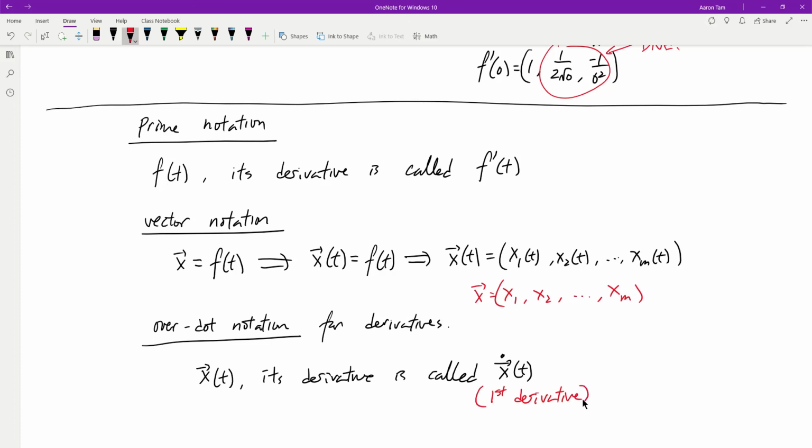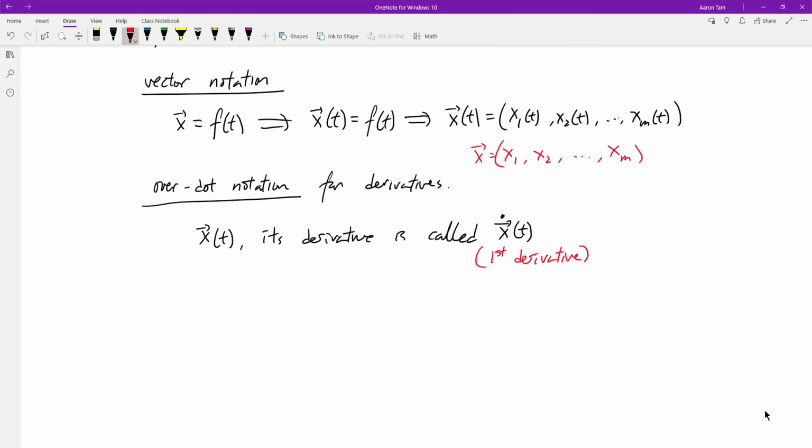And yes, you guessed it. What happens if I want to find the second derivative? Its second derivative is called this, with two dots on top. And that represents the second derivative.